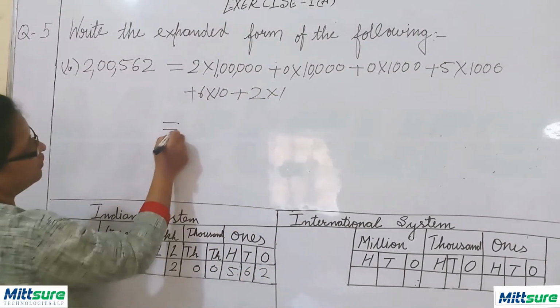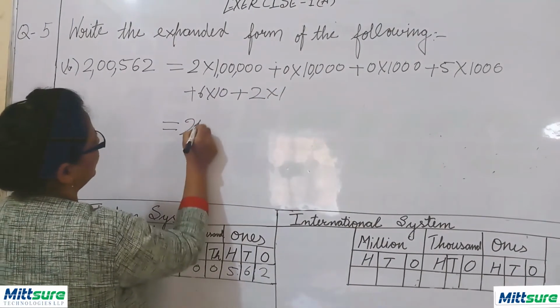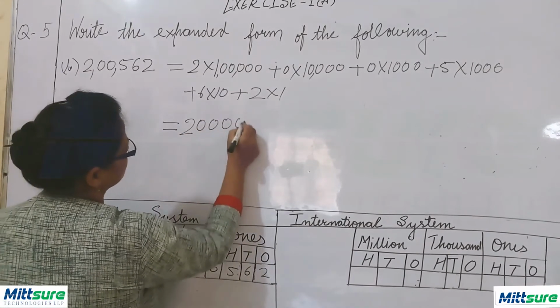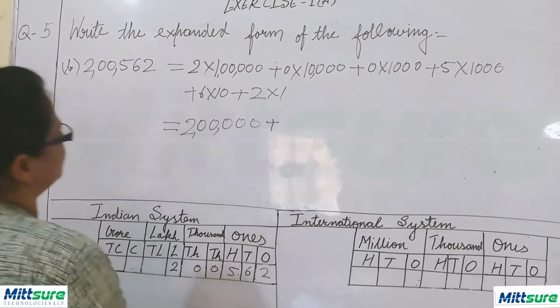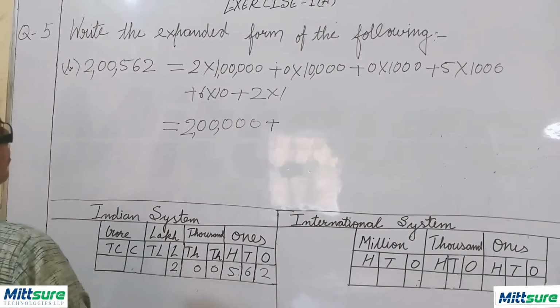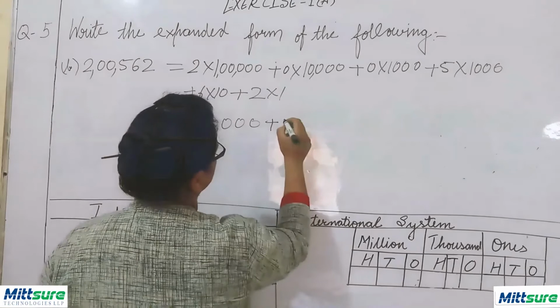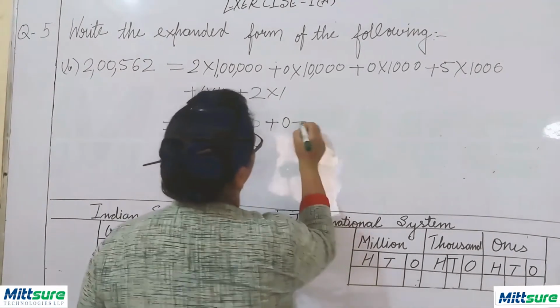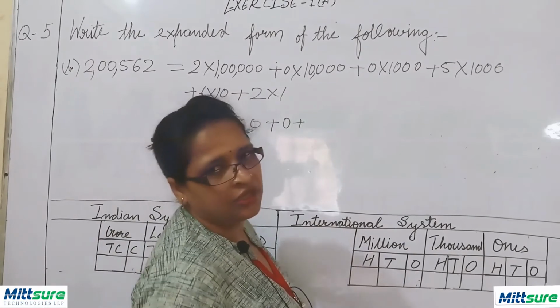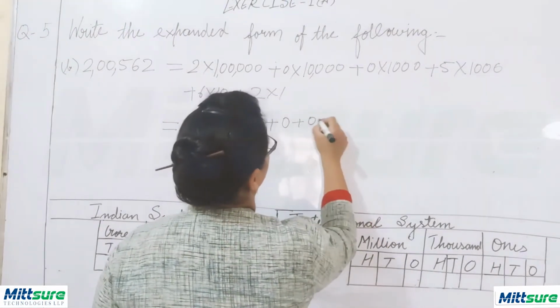When we solve it, it will be 2 lakh. Then next will be 0 multiplied by 10,000 is 0. If we multiply any number by 0, we get 0. Plus 0 multiplied by 1000, so we will get 0.